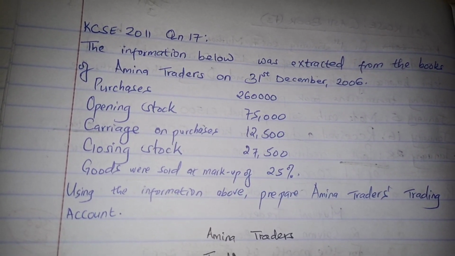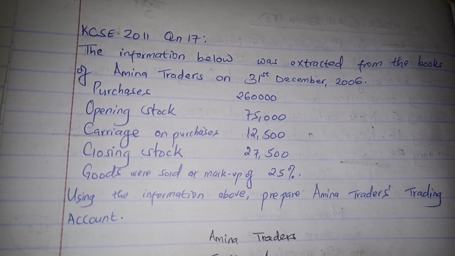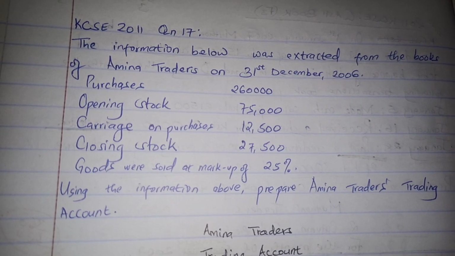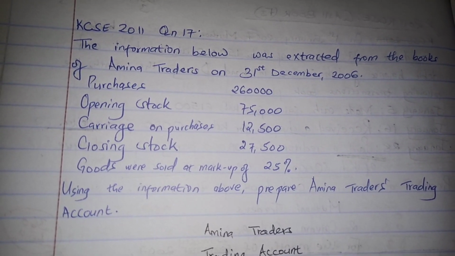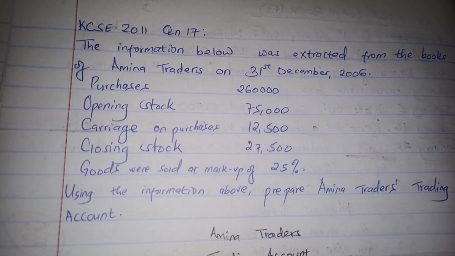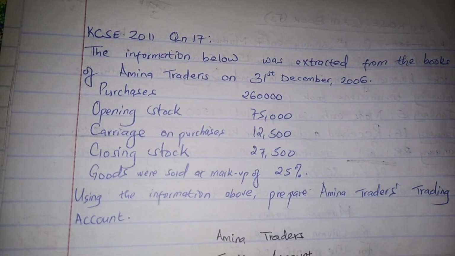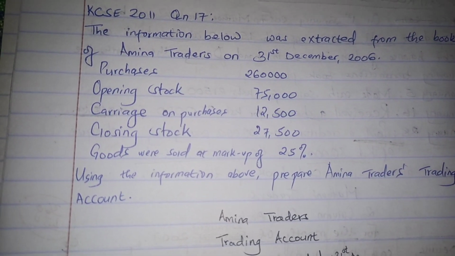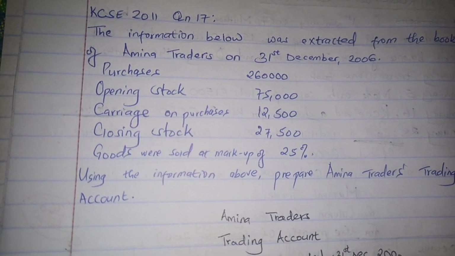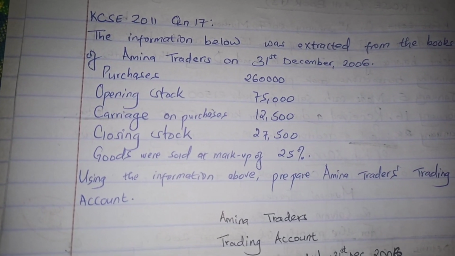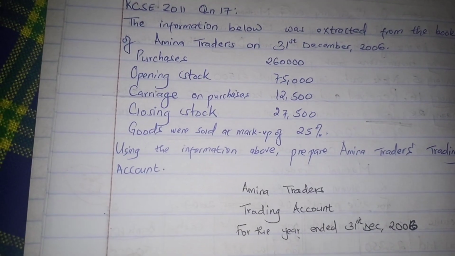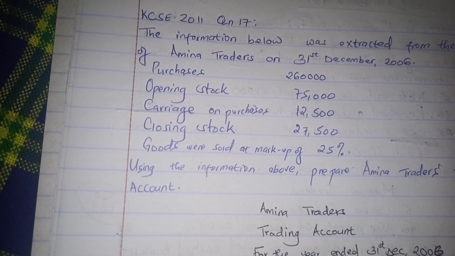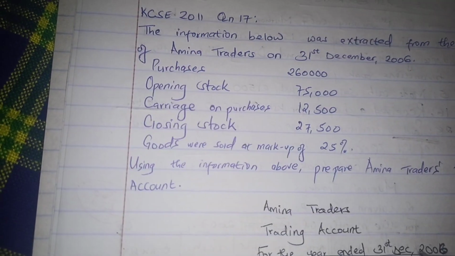It's a trading account for the year ended 31st December 2006. So far so good. Then after that, we draw a capital T.